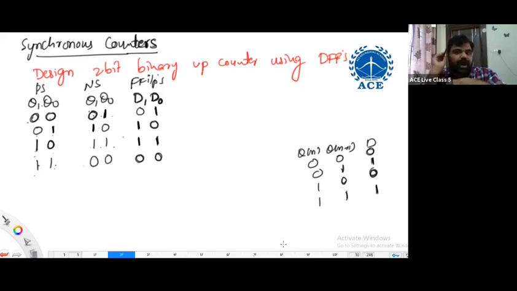So based on the existing state before the clock edge, I need to provide the inputs. And after the clock edge occurrence, we are going to see the next state after responding to these inputs.